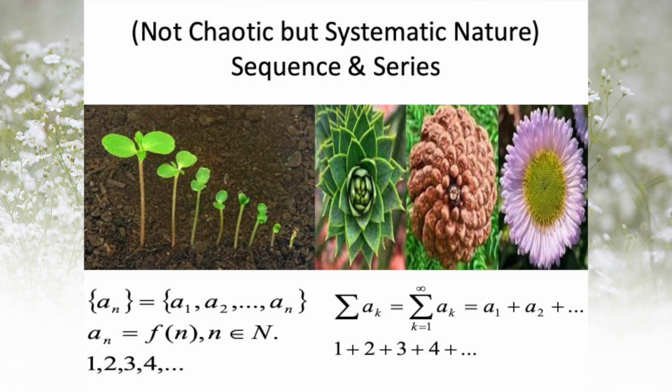This is the chaotic form we again have in nature, but in mathematics we define it by a sequence: 1 2 3 4, 1 1 1 1, 0 1 0 1 0 1 0 1. What are these sequences? These are the series. Simply we apply the operation 1 plus 2 plus 3 plus 4.